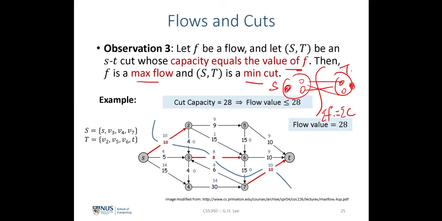And so the objective now becomes clear: we are after the max flow and min cut, which are the same thing. This means that once we have found the max flow, we would also have found the min cut.